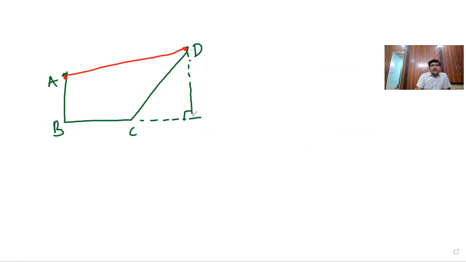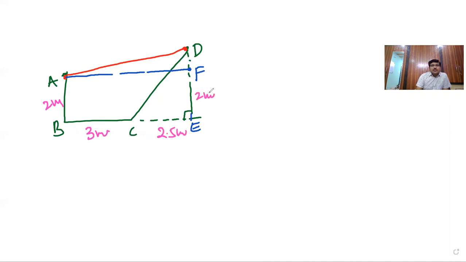Here, this is E point. Then if I join, this is a triangle. So F point. Okay. So this is 2 meters, this is 3 meters, this is 2.5 meters.